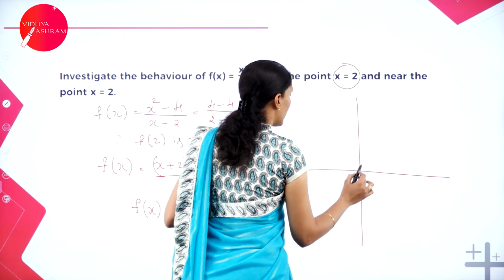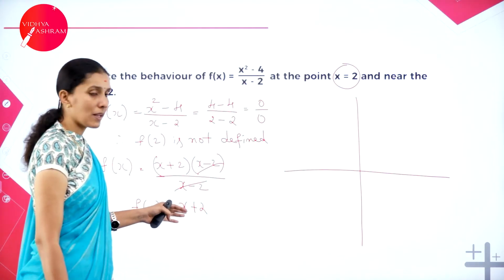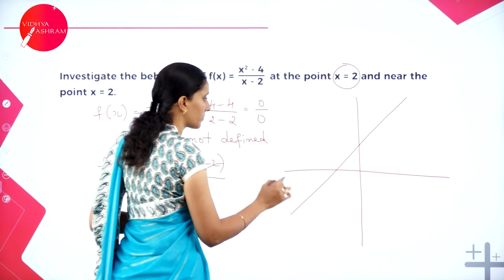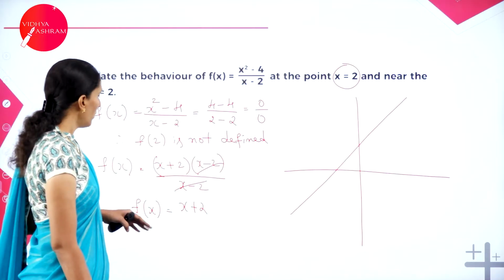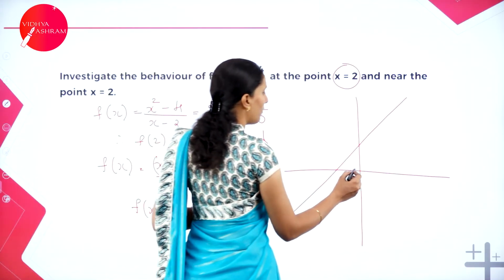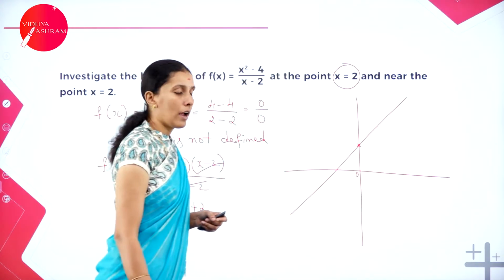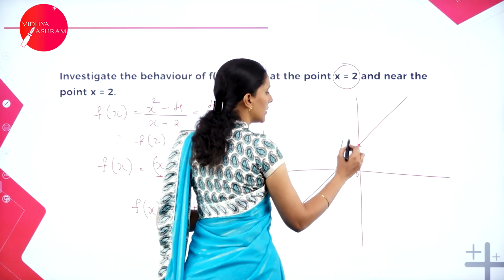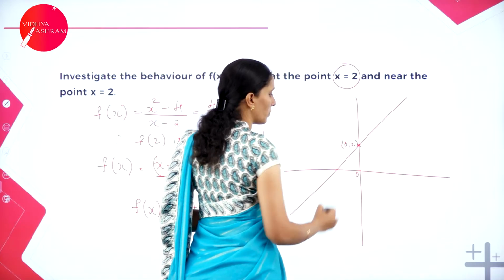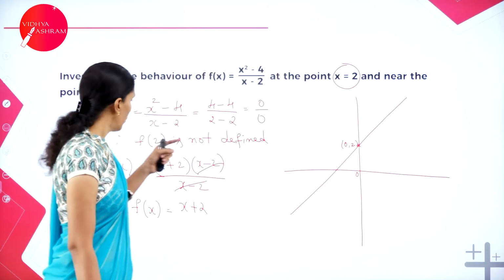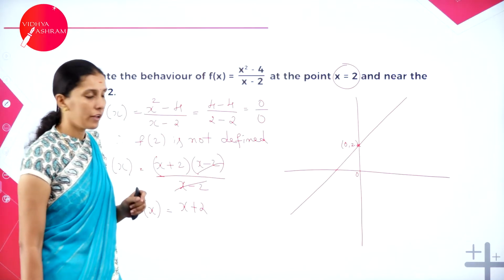So, since this is x plus 2, it is a straight line. Now, here we can see f of 0 is 2, so this is 0 and this point is 0, 2. And they have given x is equal to 2, we got that f of 2 is not defined.